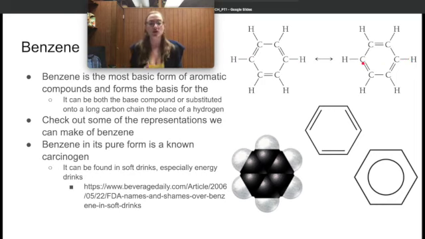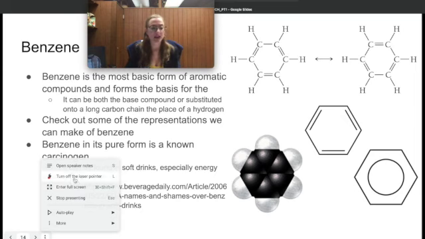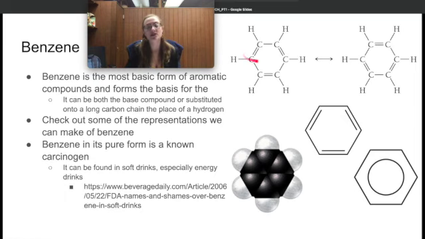Resonance structures are structures where we could have 2 different equivalent structures. If I label all of the carbons in the ring 1, 2, 3, 4, 5, 6, arbitrary numbering, here between 1 and 2 you have a double bond. Over here, between 1 and 2, you have a single bond. So it flips very quickly back and forth between these 2 structures.